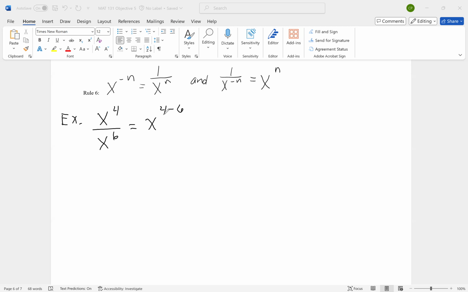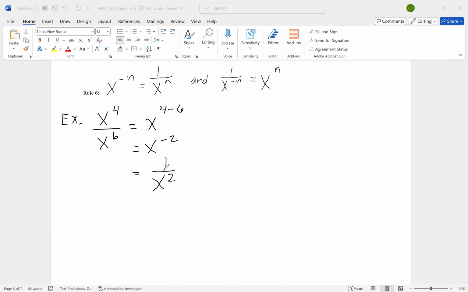We will have 4 minus 6, which will give us x to the -2, okay? Since we don't want that exponent to be -2, we will put it in the denominator, okay? So x to the -2 will now be 1 over x squared, okay?